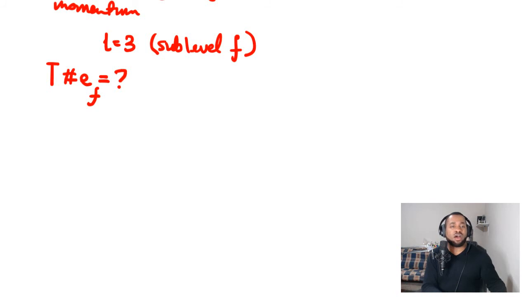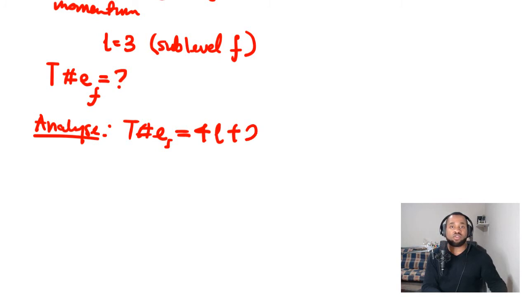We know that based on our analysis, the specific total number of electrons in a specific sublevel is equal to 4L plus 2. And based on this, we can then put our specific L to be equal to 3 in that equation.